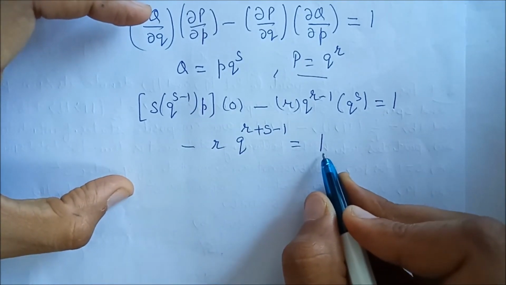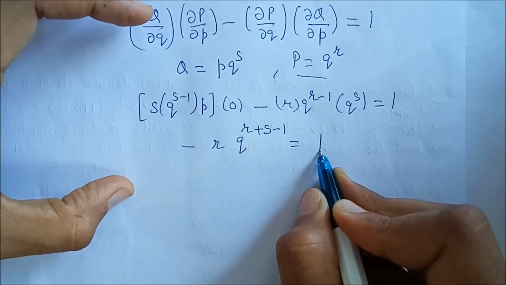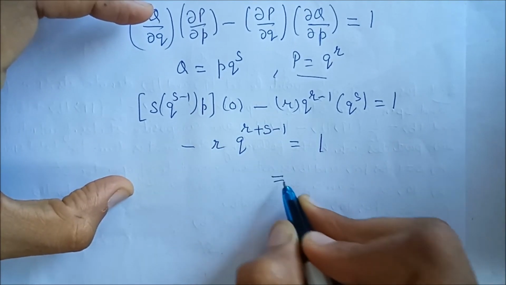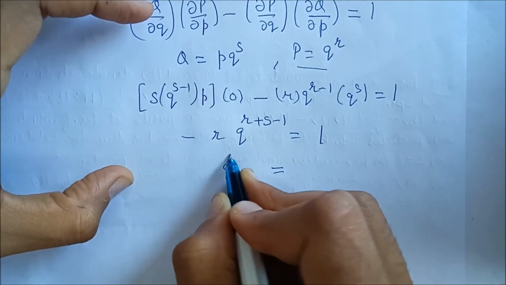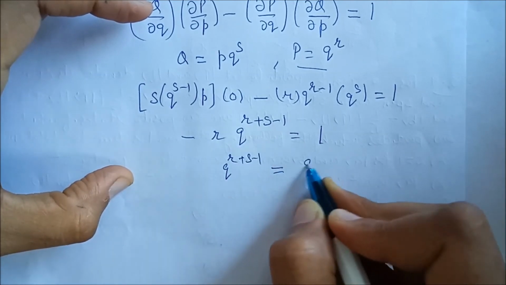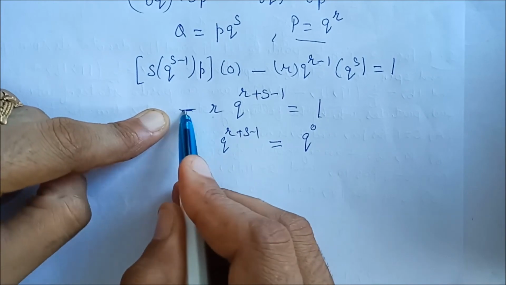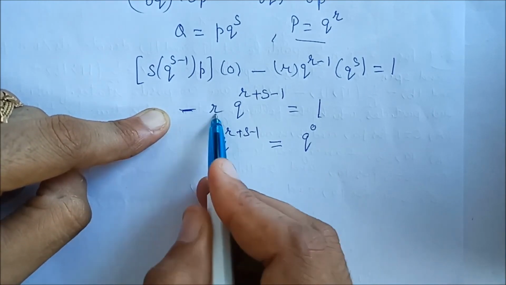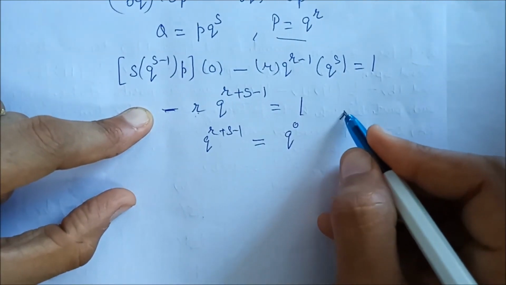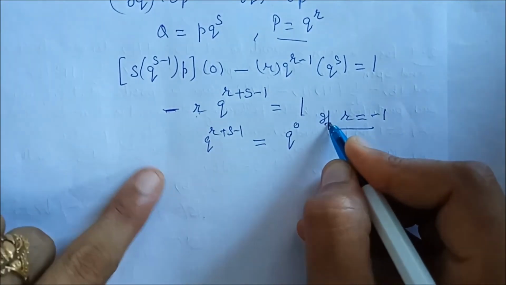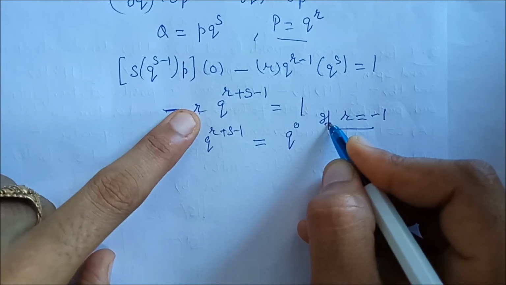So here you can write the 1 as q to the power 0, and then you can compare both the left and right hand sides. But before this, you have r here with a negative sign. So for that we can choose r equal to minus 1. If r is equal to minus 1, this term becomes 1.